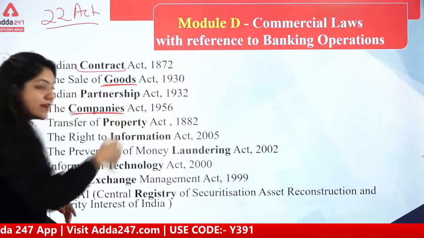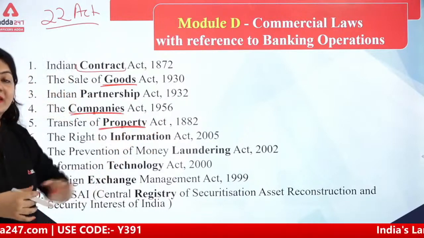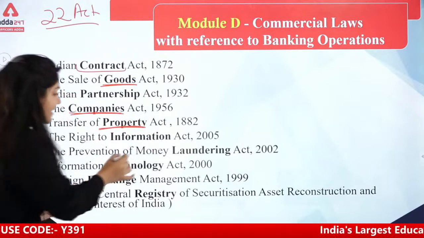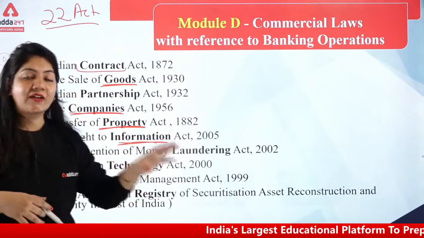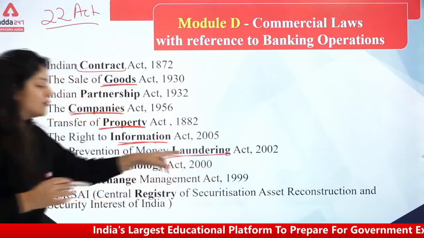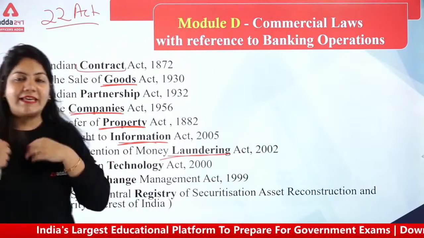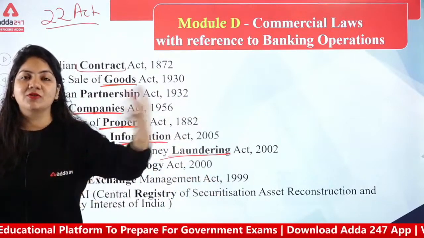Companies Act, that is very important. Property, in which we deal with immovable property. Right to Information, in which we deal with what information we can get from a public authority. Money laundering, one word you have to learn: laundering. Laundering means cleaning dirty cloth to make it clean, and money laundering means turning black money into white money.